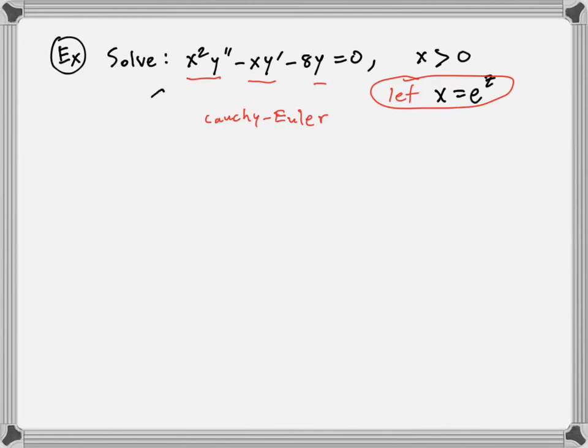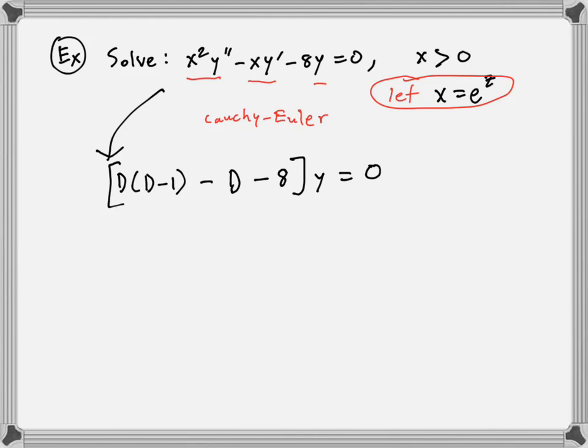So then, what is our guy going to become? It's going to become d times d minus 1, minus d, because it says plus, but we have a minus there. And then we have a minus 8. All of that of y is equal to 0.